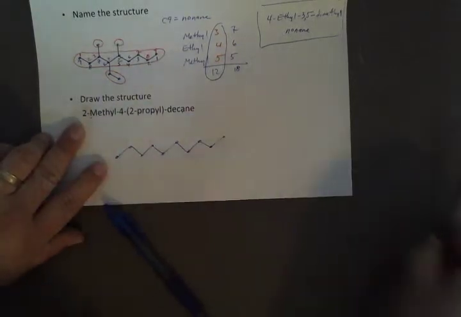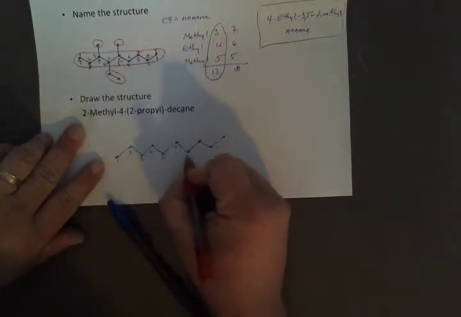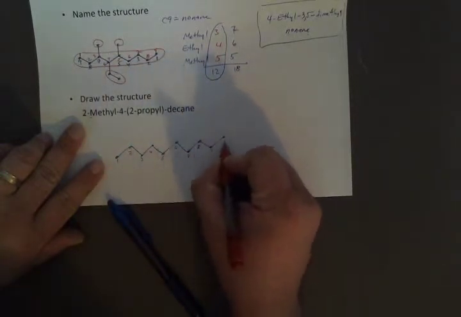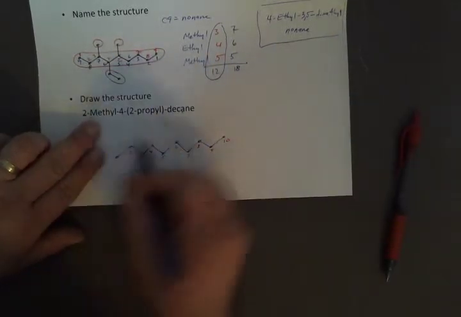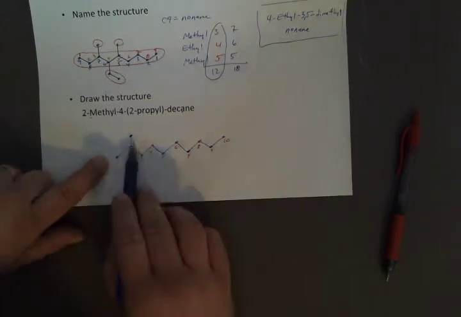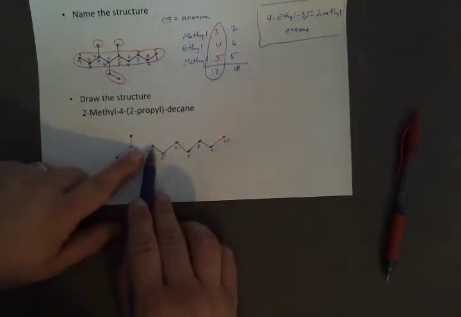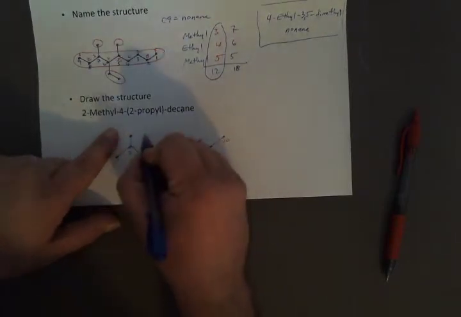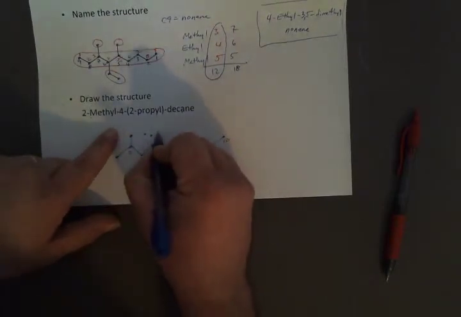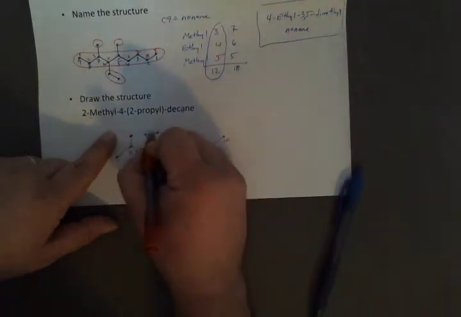So if we're going to number these, 1, 2, 3, 4, 5, 6, 7, 8, 9, 10, we have a methyl group hanging off of carbon 1. So that's the main chain, with a 1 carbon piece coming off of there. And then at carbon 4, we have a 2-propyl group. A propyl group is 3 carbons long, 1, 2, 3.